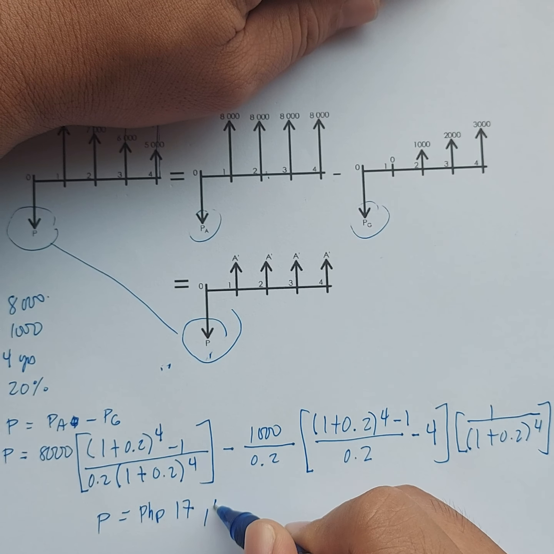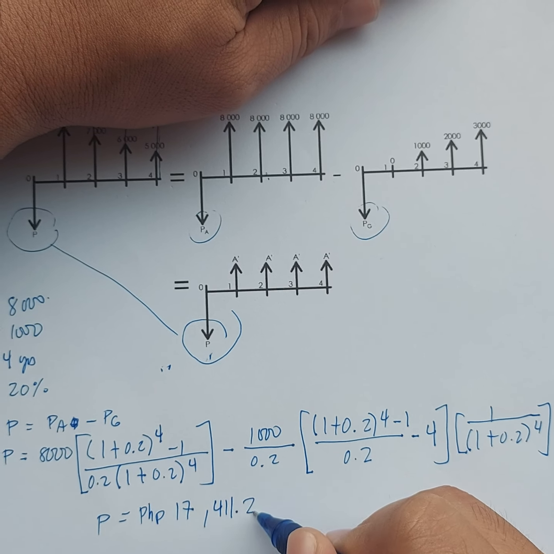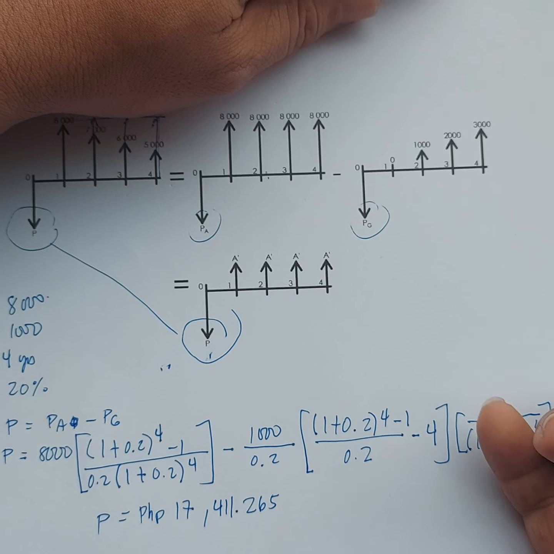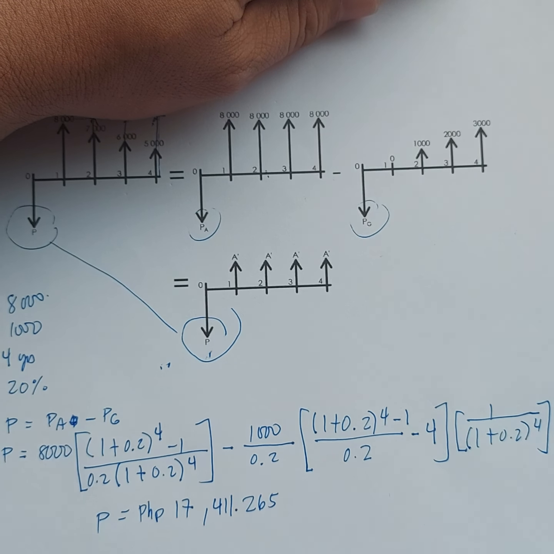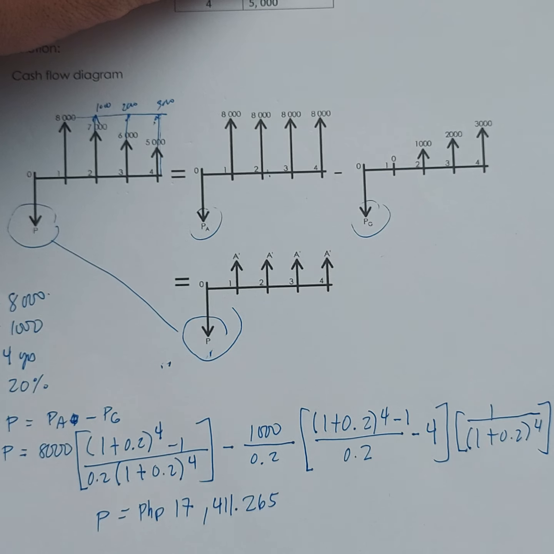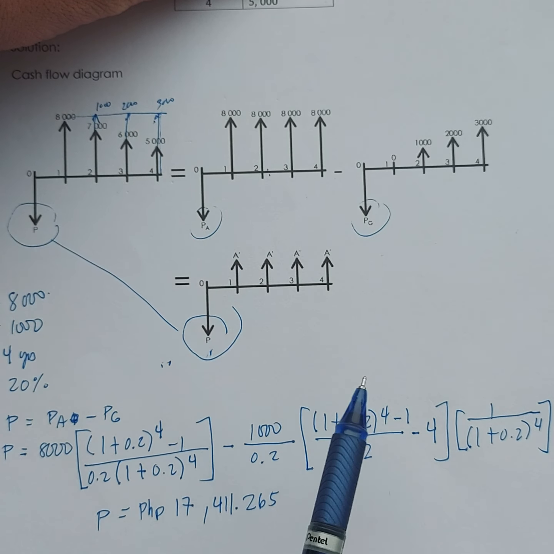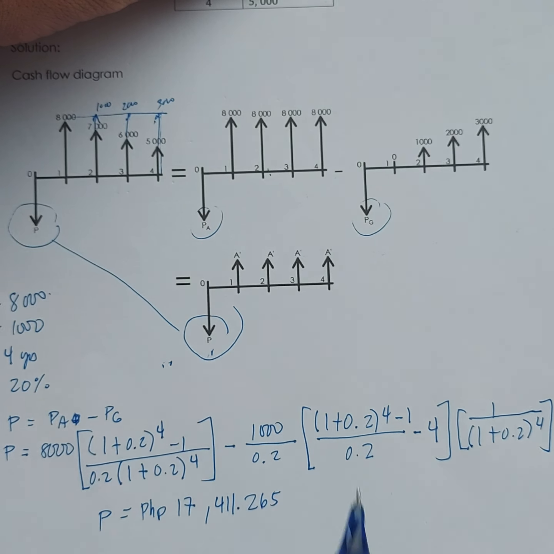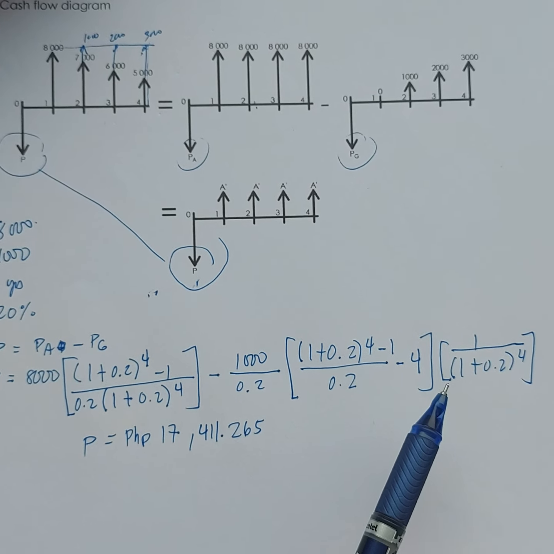We have 17,411.265 pesos. Okay, that's the present worth. Now let's solve for the equivalent annual payments, uniform or constant annual payments.